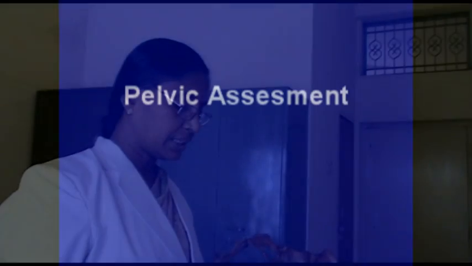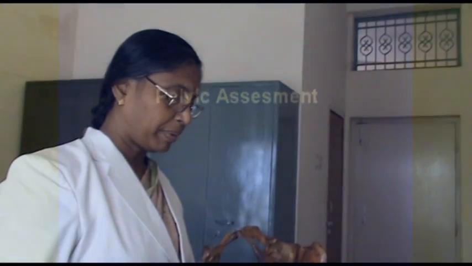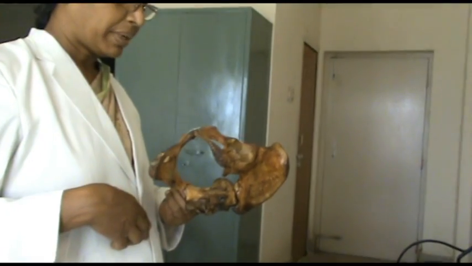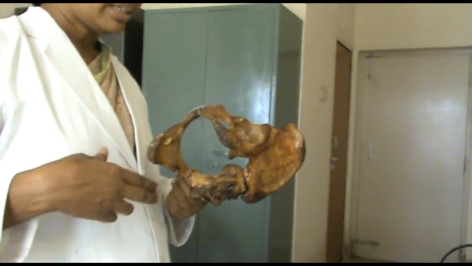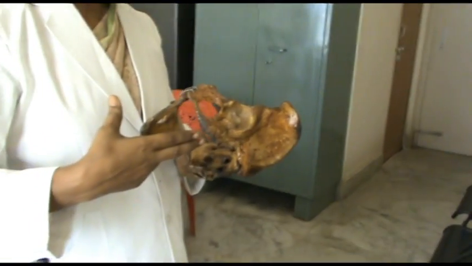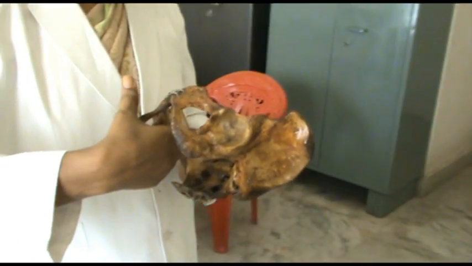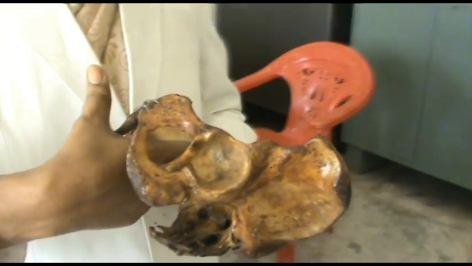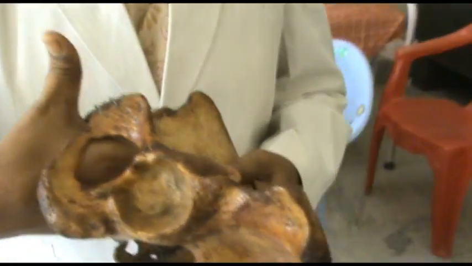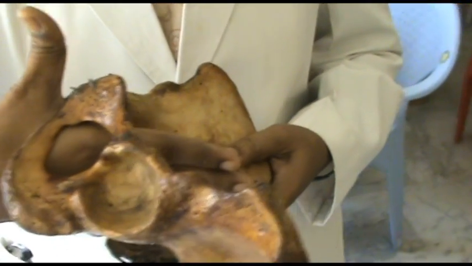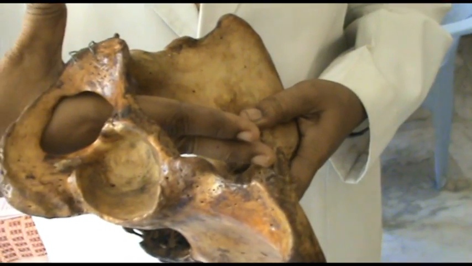Pelvic assessment is done to know the type of pelvis and to know whether the pelvis is adequate for normal vaginal delivery or not. Assessment at the pelvic inlet level is done by keeping two fingers into the vagina, directing towards the sacral promontory, and the lower end of the thumb has to hitch against the pubic symphysis.